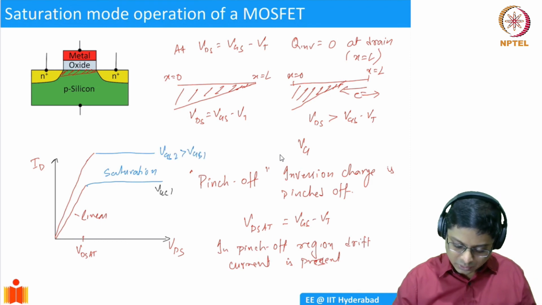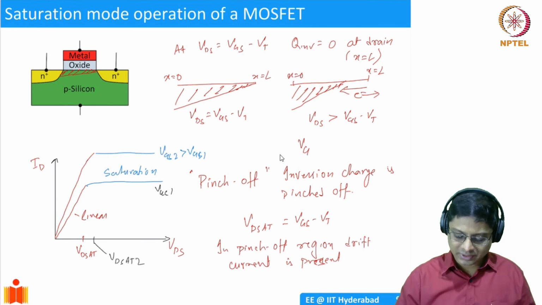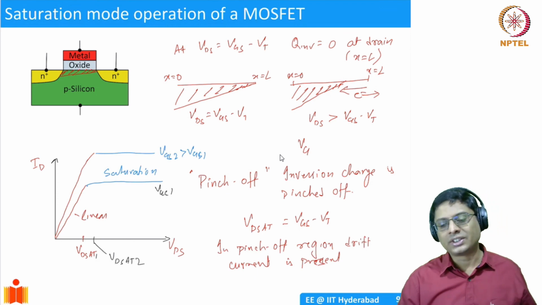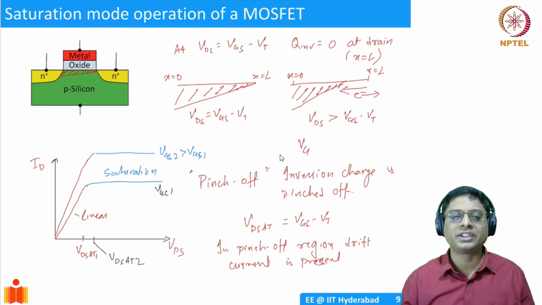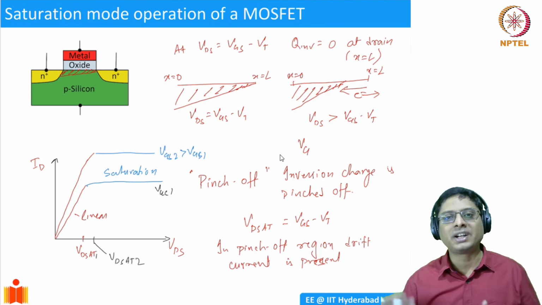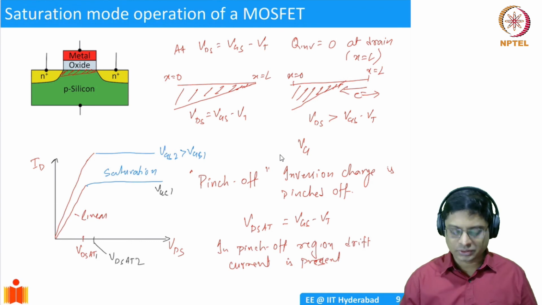So this is VDSAT1, VDSAT2, like that. Essentially, the drain voltage at which it reaches saturation will be higher because VGS has increased. VDSAT is simply VGS minus VT, so it will increase. So you have a higher amount of current flowing through.